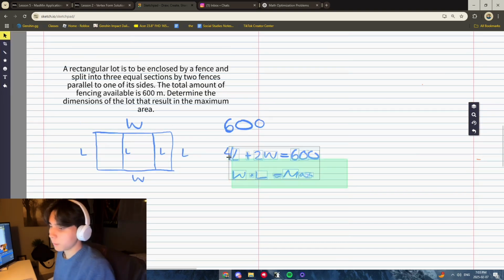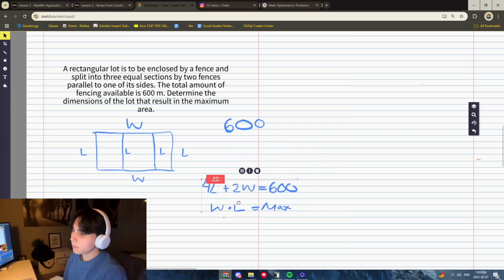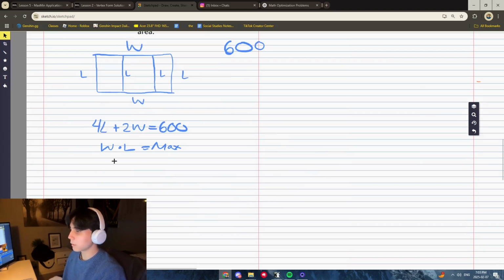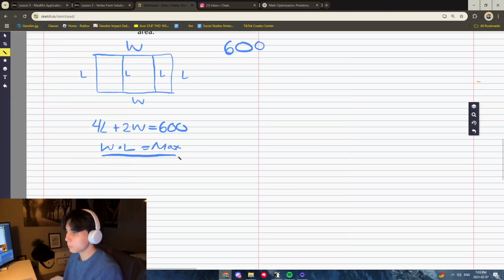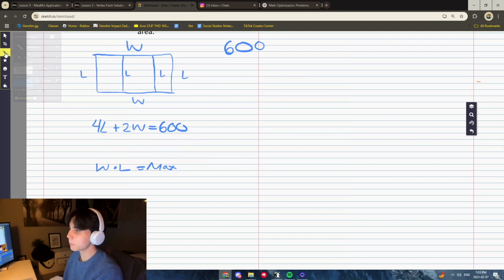So now you've created 2 equations. We have length times width equals max, and in this equation, we have no numbers. So the way we solve this is we have to get numbers somehow, right? And the way we do that is by isolating one of your variables, either length or width, in your first equation that has numbers.